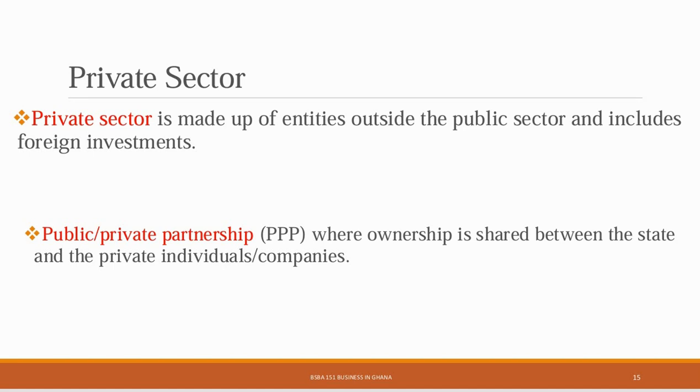Then you can also talk about the ECG. There was one time when the ECG was owned by the state, and a public entity came, yes, and they invested in the ECG, and I think they changed the name that I've forgotten. And so that one can be classified as a public private partnership.